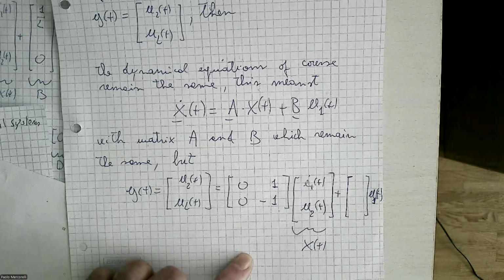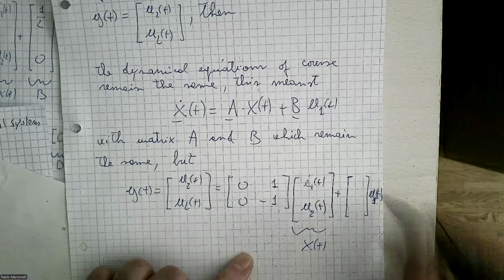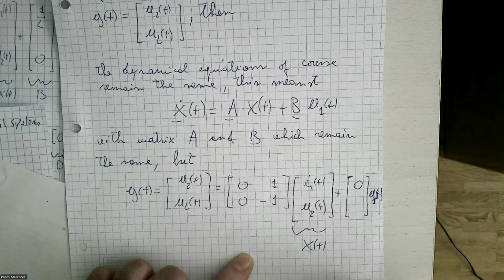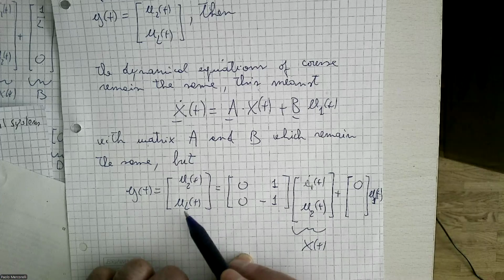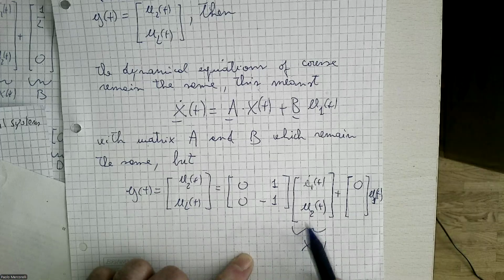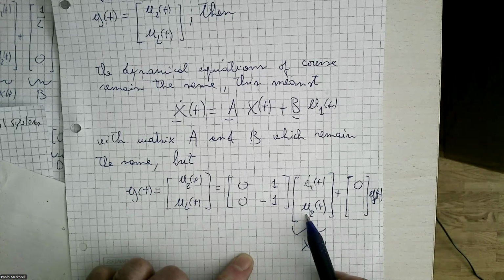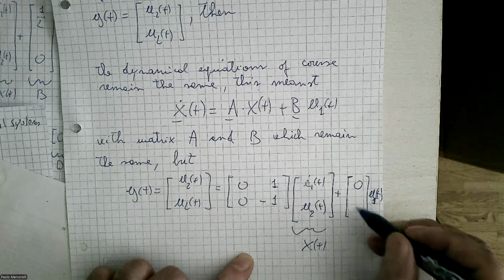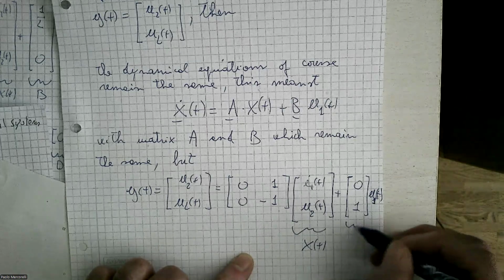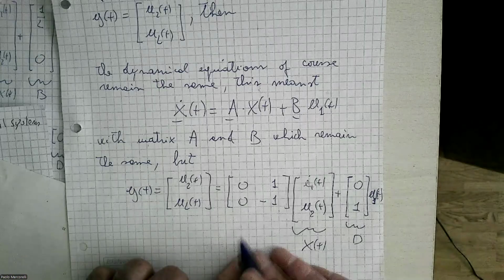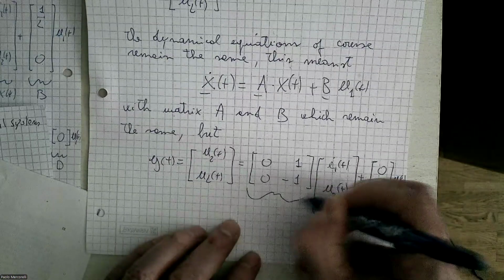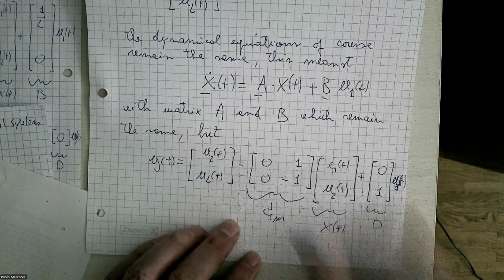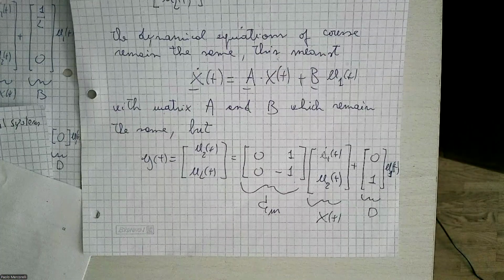And here, do you remember we had 0? I can show you now. If I want to observe or monitor UL, UL was minus U2 plus U1. This is our new B matrix with two elements, and here is the new C matrix with four elements, or 2 times 2.